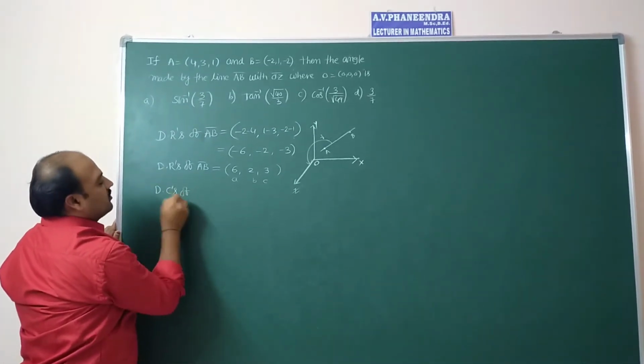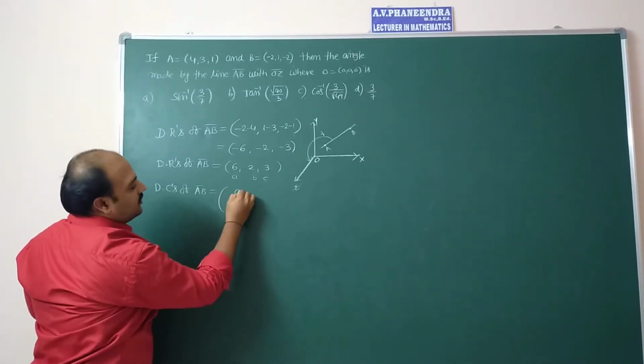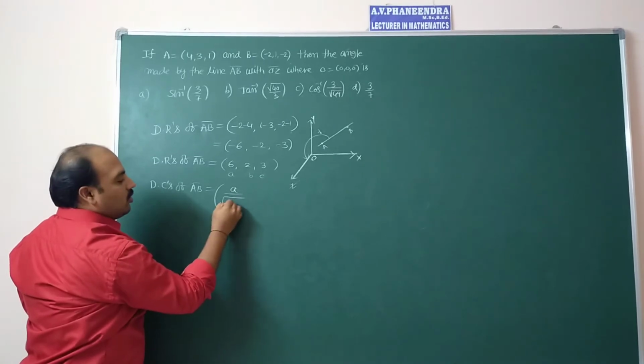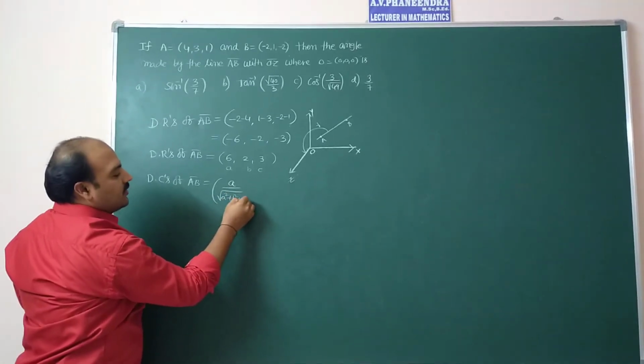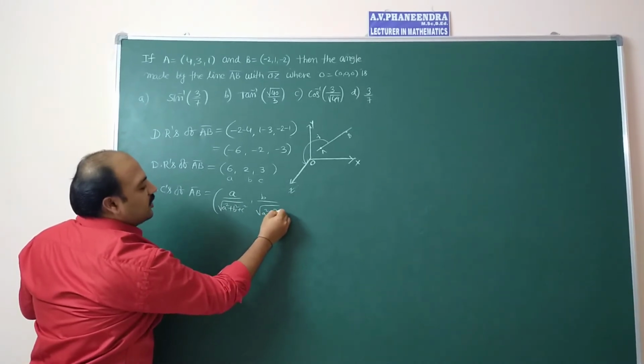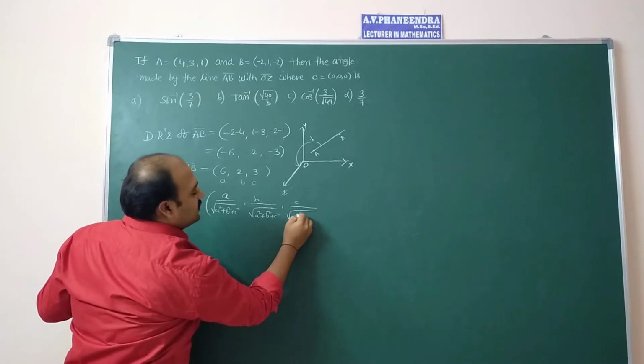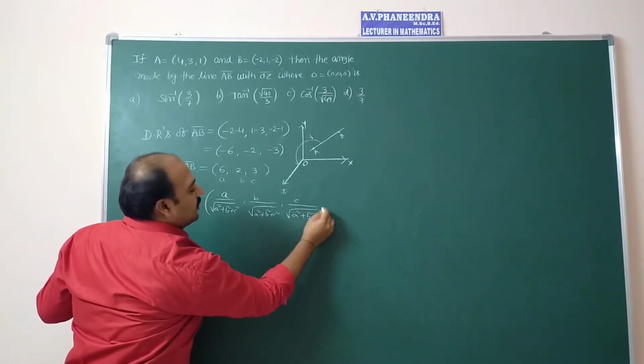Direction cosines of AB we can calculate as A by square root of A square plus B square plus C square, B by square root of A square plus B square plus C square, C by root of A square plus B square plus C square.